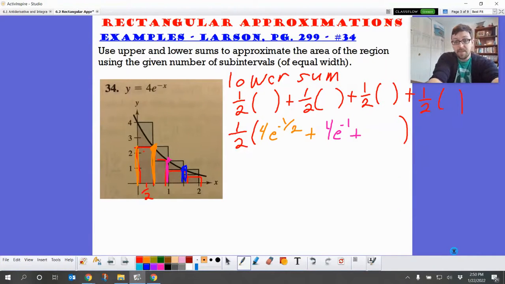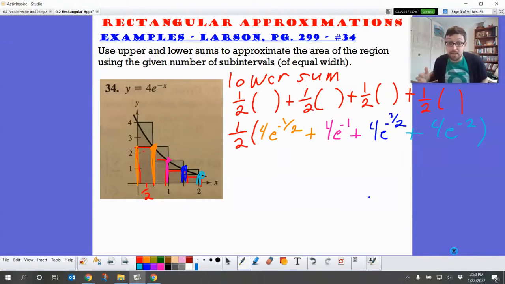That is 4e to the negative 3 halves. Plus our final one, which is right here, that is 4e to the negative 2.